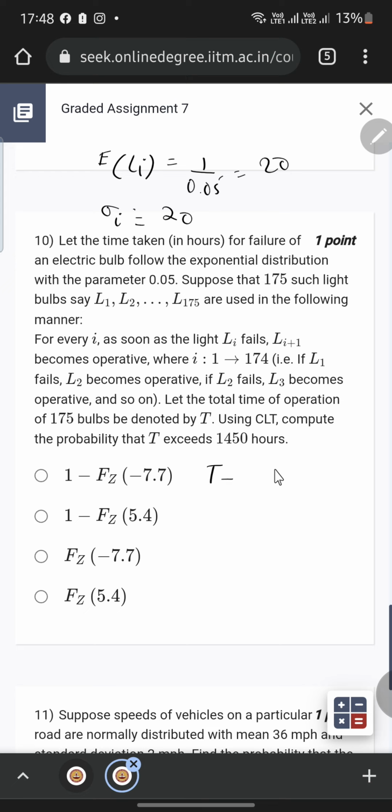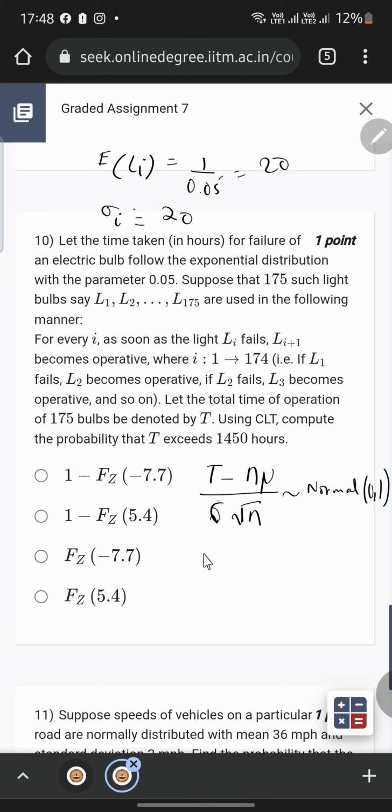So (T minus n into mean) upon (sigma into root n), right? This will give us normal 0, 1. Perfect.